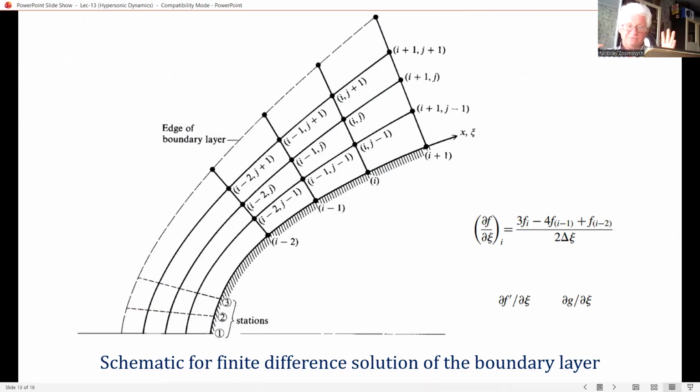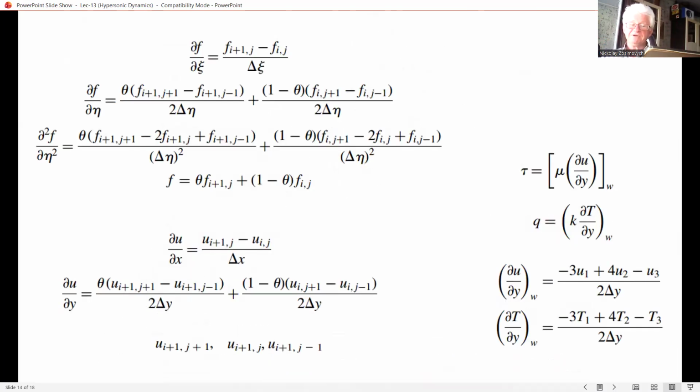So consider, for example, the grid point I, j. At this point, replace the derivatives by finite difference expressions of the form at the top here, and then we have next two for the eta and eta squared derivatives.